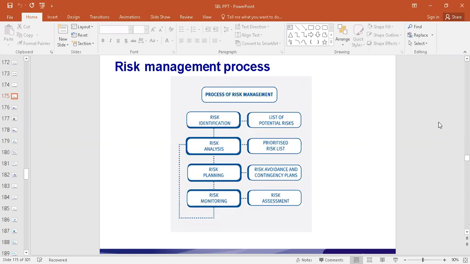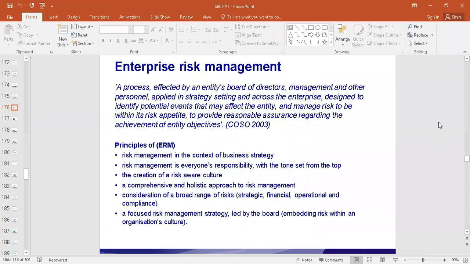Then these things have to be managed. So the risk management process is a process which manages the risk so that the impact can be minimized. The process has these steps. First step is risk identification. The second step is risk analysis, analyze the risk. Third one is risk planning. And the last one is risk monitoring.